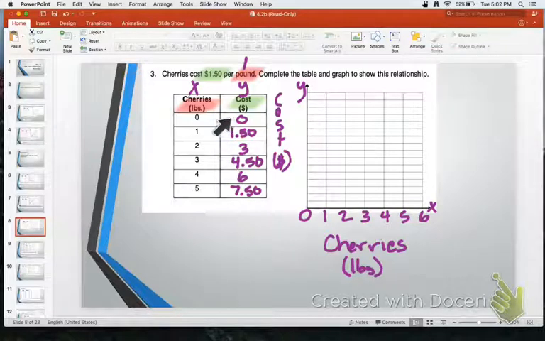But do I need to go all the way up to 16? No, I don't. I'm noticing that I have some whole numbers, like 0 and 3 and 6, and other numbers that have halves. So I'm wondering if I could count by 50 cents, each line being 50 cents.